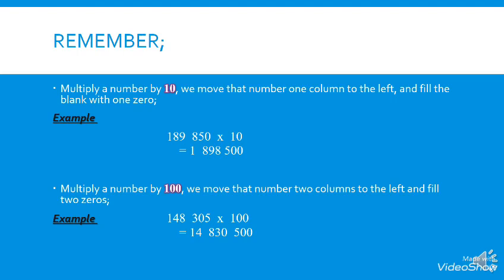When we multiply a number by 100, we move that number 2 columns to the left and fill 2 zeros. As you can see on your screen, 148,305 multiplied by 100, we got the answer 14,830,500.